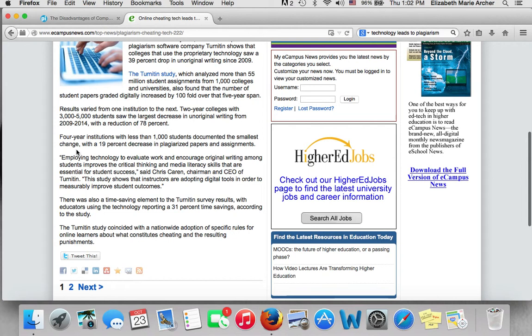That's completely believable. Results varied from one institution to the next. Two-year colleges had the largest decrease in unoriginal writing. Yeah, I guess that makes sense. Four-year institutions with less than 1,000 students documented the smallest change in employing technology to evaluate work.